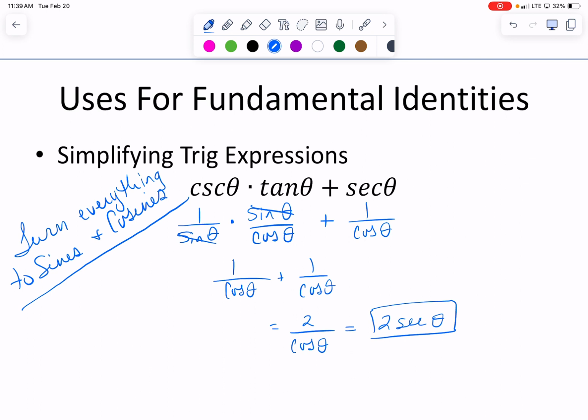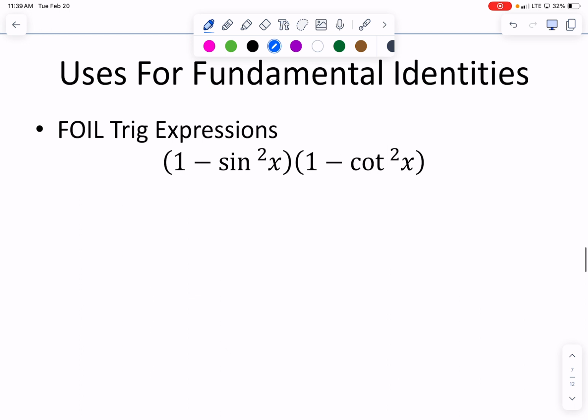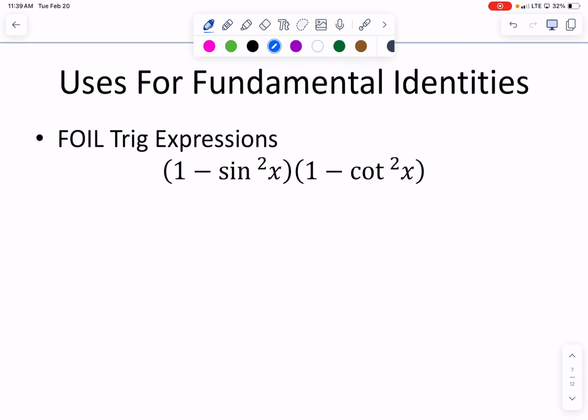Okay. Next one. Another thing we can do is distribute or FOIL out our trig expression. So binomial times binomial, we can distribute. Okay?